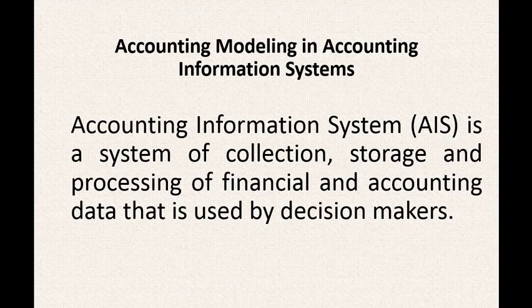So accounting can be viewed as an information system because it consists of three key components of an information system. It gathers data, processes data into meaningful information and communicates them to the relevant parties to support decision making.